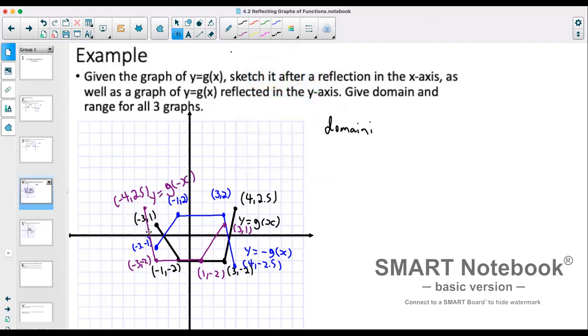So our original graph, we had an x value of -3 to +4. So we have x is between -3 and +4, where our range for that same graph, we went from -2 to +2.5.